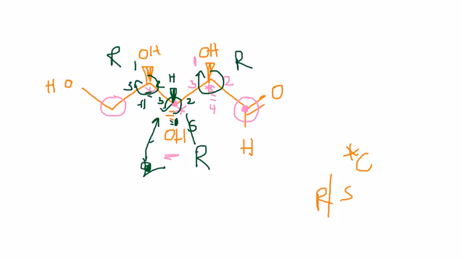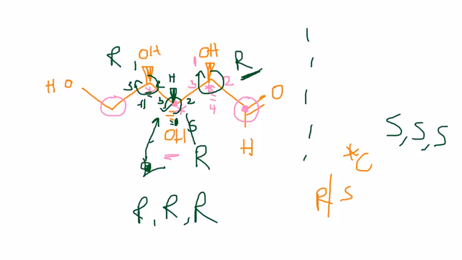So realize each chiral center in any molecule can be given a specific configuration, and it's important, because if I were to draw the mirror image of this, then I must draw the R as an S. So this is an R system, and when I draw the mirror image, it must pan out to be S, S, and S for all the three chiral centers.